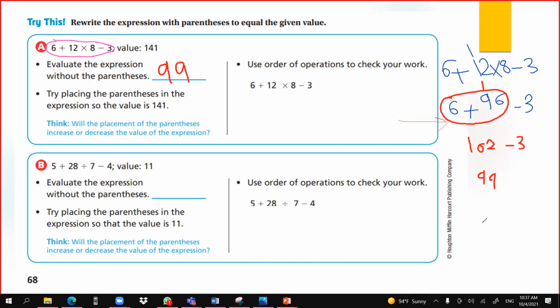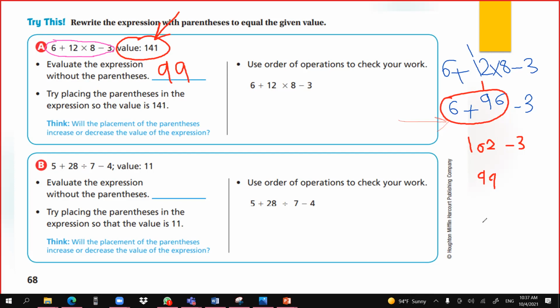But now they tell you here, try replacing the parentheses in the expression so the value is 141. As you see, when you solve it without parentheses, you get 99. But they told me that the answer must be 141. So where should I put the parentheses?